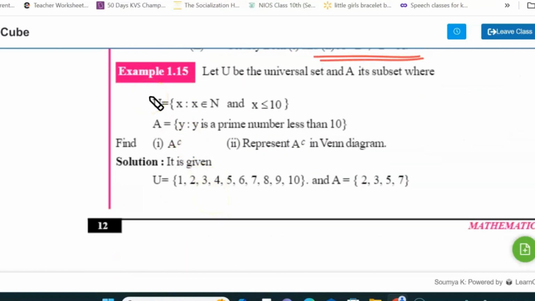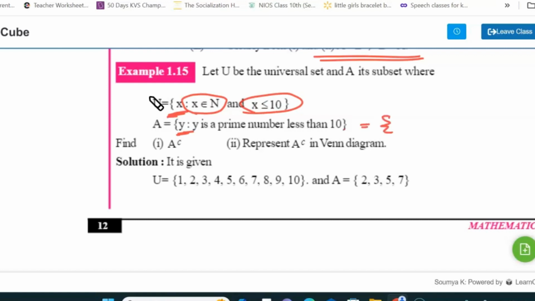Next one is example 1.15. Let's check how to do it. Let U be the universal set and A is a subset, where U has elements X, where X belongs to natural numbers less than or equal to 10. Then A is a subset where Y are the elements, Y is a prime number less than 10.